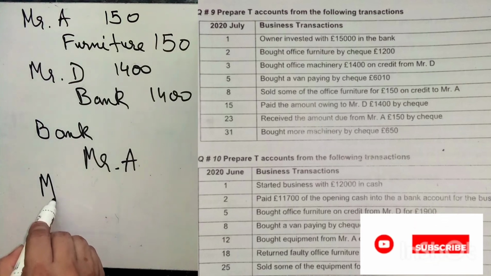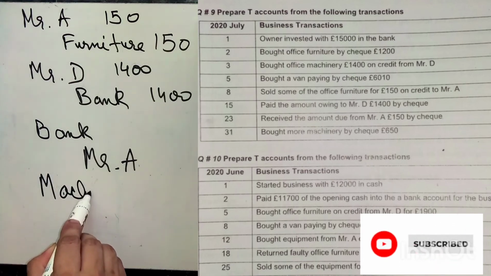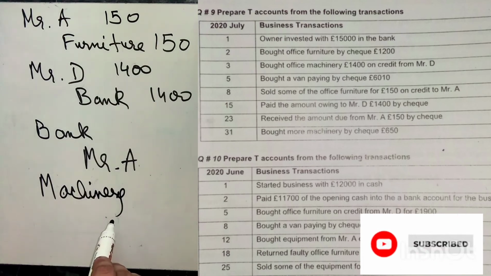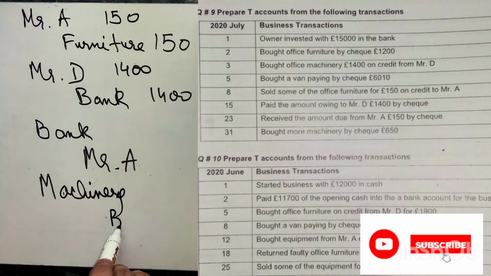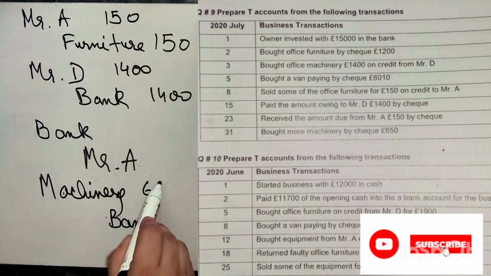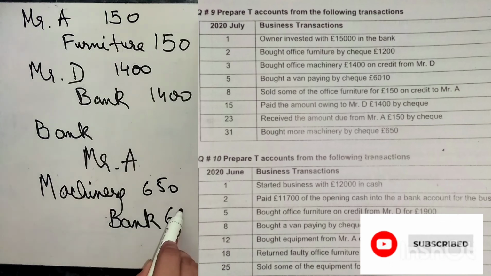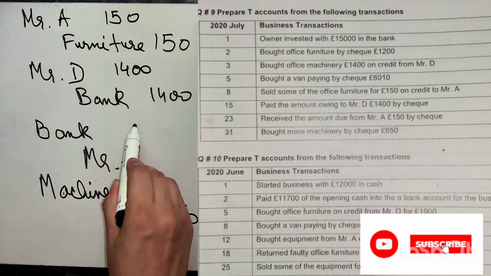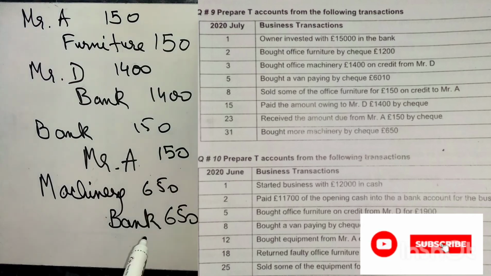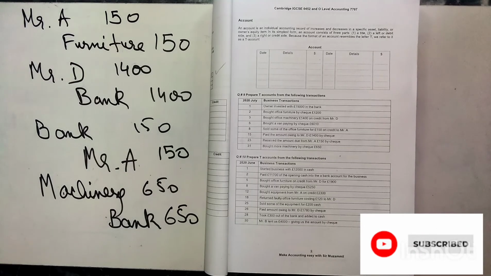So we bought more machinery by check, so bank is involved, 650. This is how we pass the journal entries.